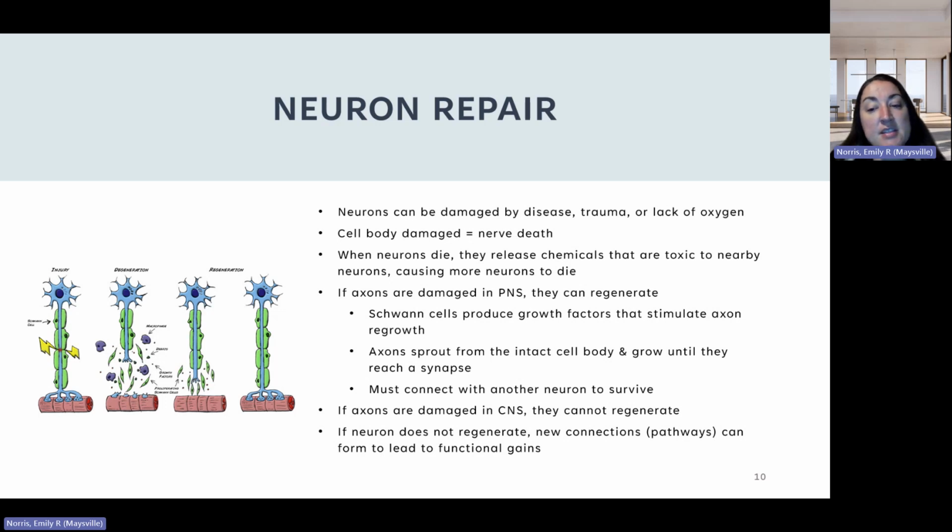Well, what happens is new connections or new pathways form that can kind of reroute. So maybe like you're driving and the interstate's closed, you have to reroute and go some back roads to get to the same destination. And that's what they do. New pathways form to kind of reroute the signal and allow for function without that area being used.